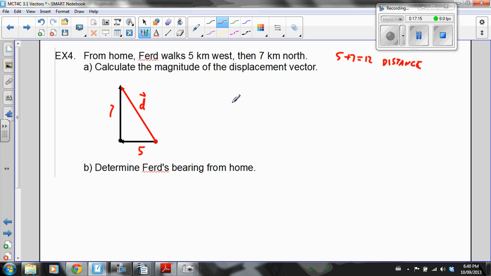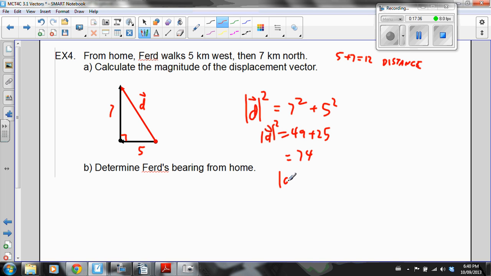The magnitude of the displacement vector, well, since west and north are at right angles, this is just the Pythagorean theorem. 7 squared plus 5 squared, calculate, that's 74. Take the square root of both sides.